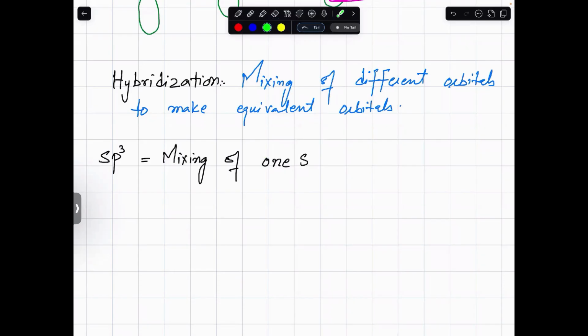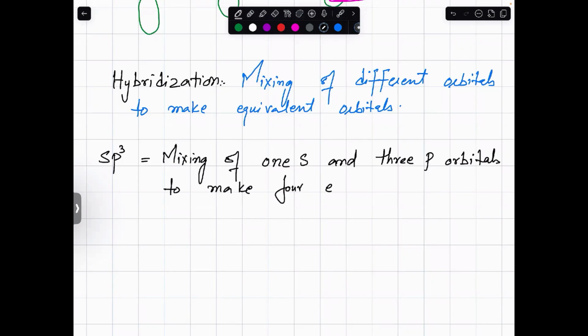Mixing of one s and three p orbitals to make 4 equivalent orbitals.